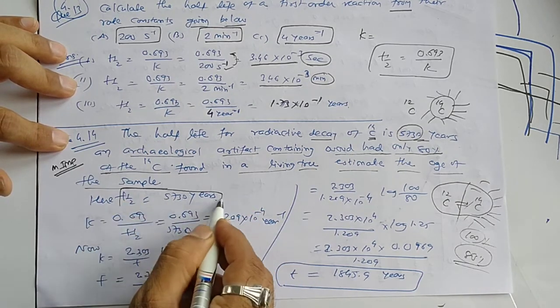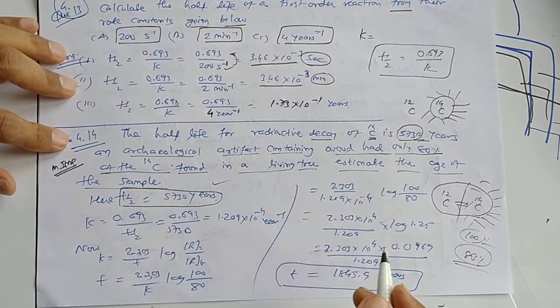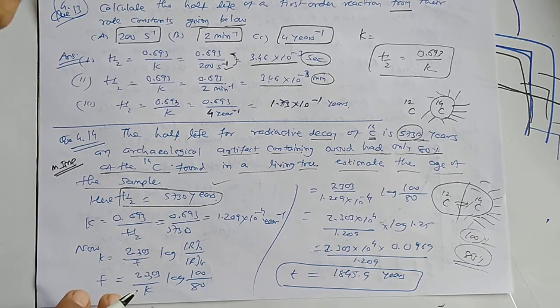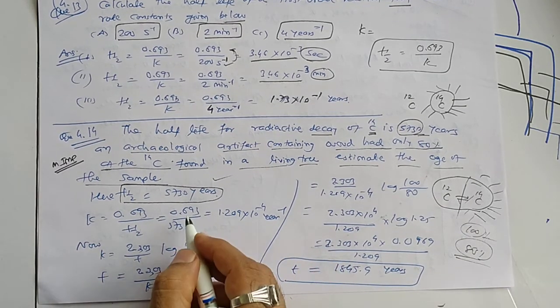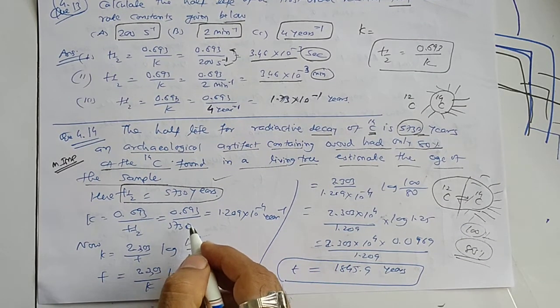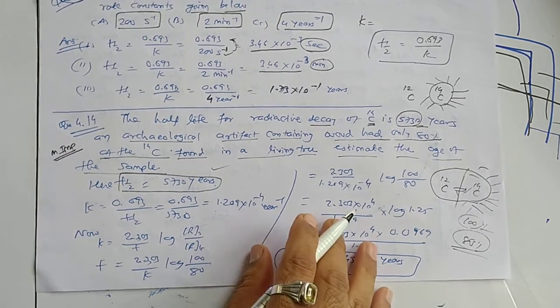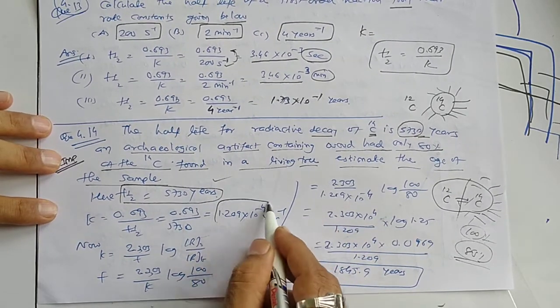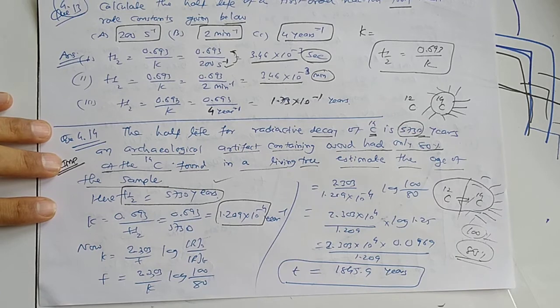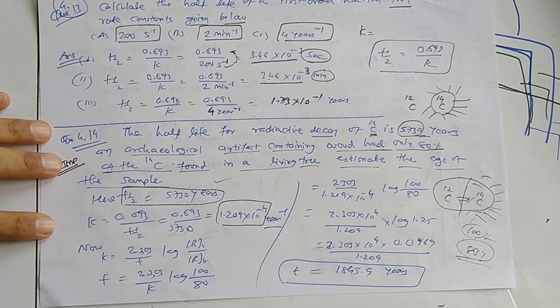Radioactive decay is actually a first order reaction, and t1/2 is 5730 years. So k will be 0.693 upon t1/2, so 0.693 divided by 5730, which is 1.209 × 10^-4 year inverse. This is k.